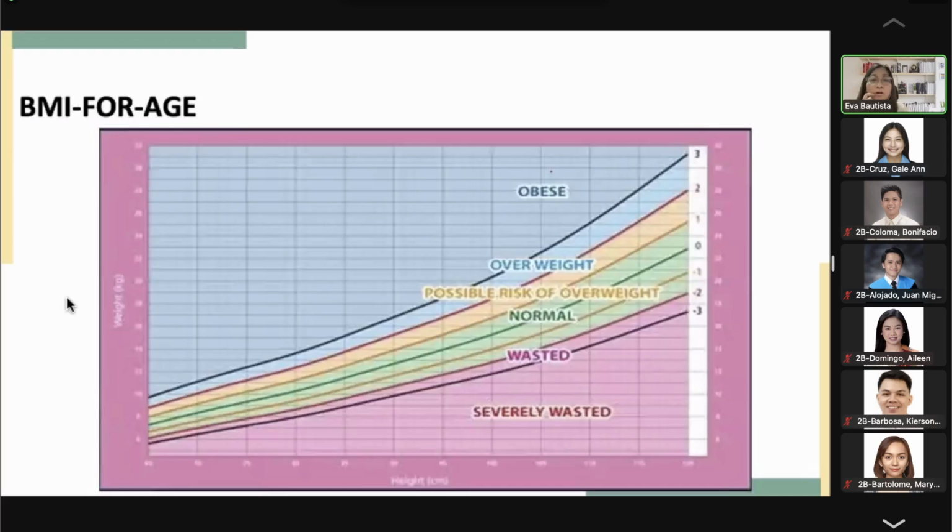So this is a wrong growth chart, so let me correct. This is the weight for height growth chart for females, because it's pink. Remember, if it's weight for height, there is no age being assessed. It's just the weight against the height. So this is not a BMI for age growth chart.